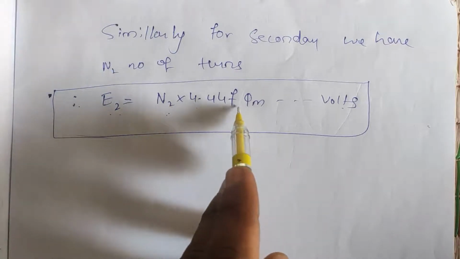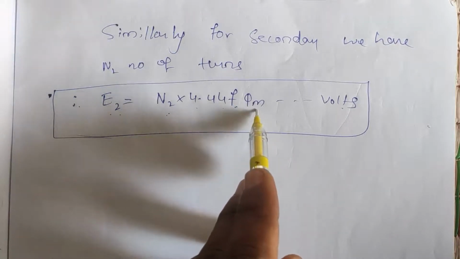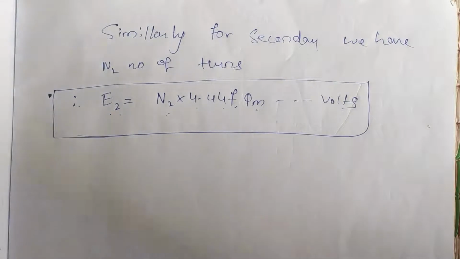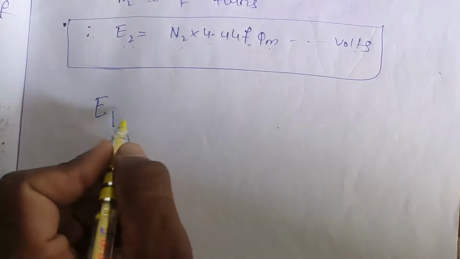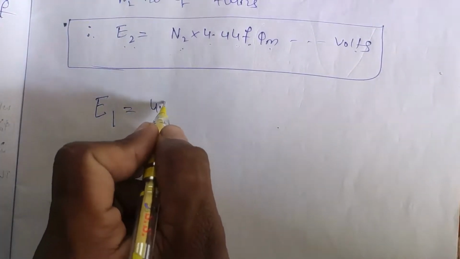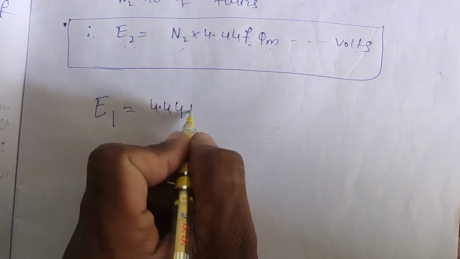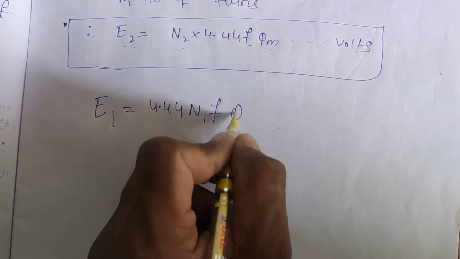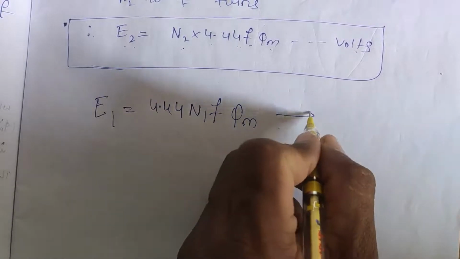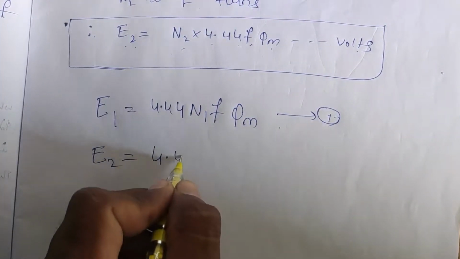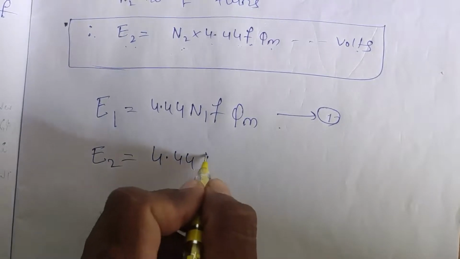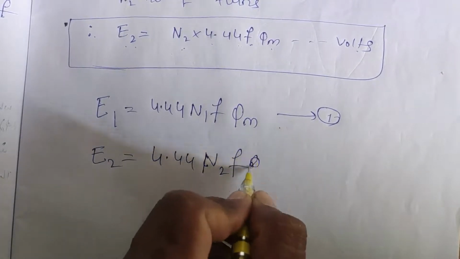There are N1 turns on the primary side, so we should multiply: E1 is equal to N1 into 4.44 frequency into flux. Similarly for the secondary winding, we have E2 and N2, so E2 is N2 into 4.44 frequency into flux.